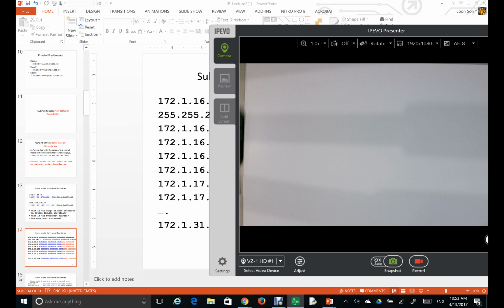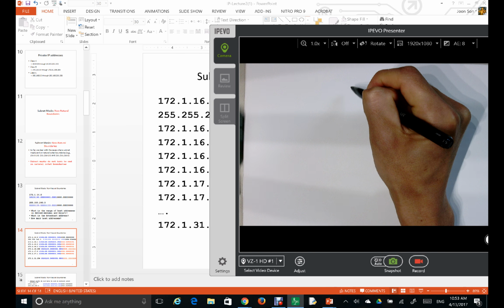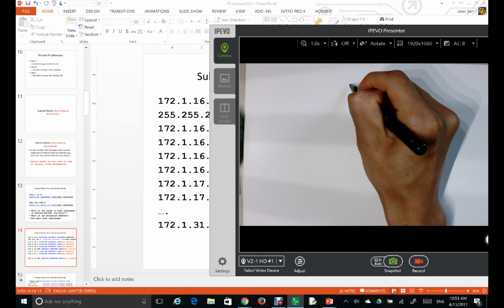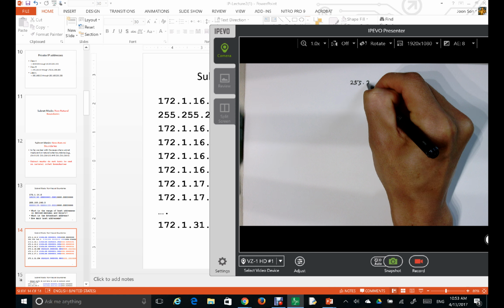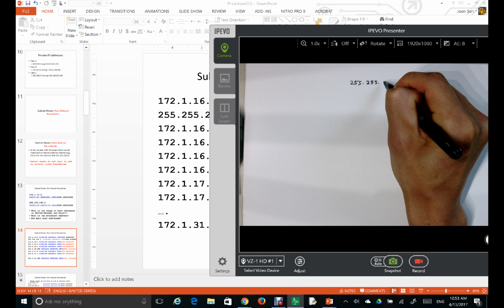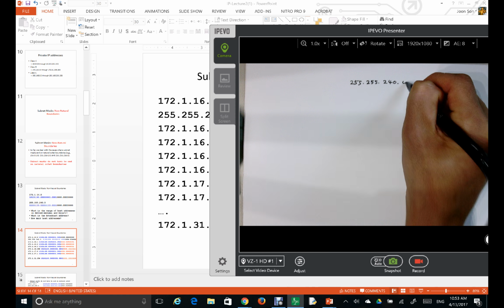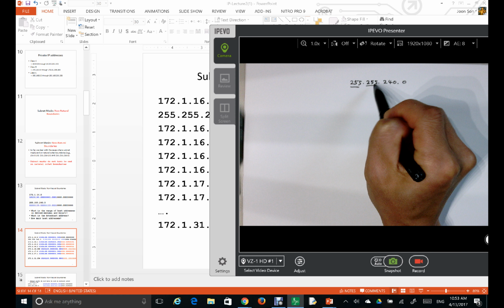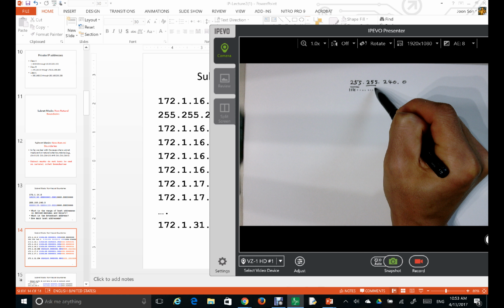172.16.0, right? So let's first take a look at the subnet mask. The subnet mask is what? 255.255.240.0, right? And you know that the first 2 octets are all ones, 1111 all the way to 1111.